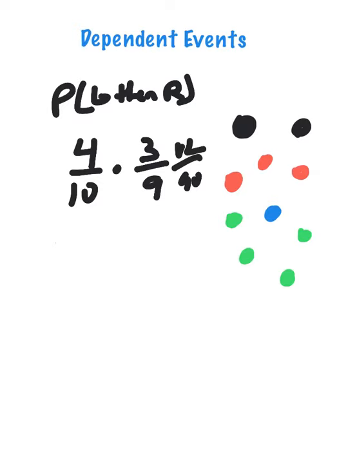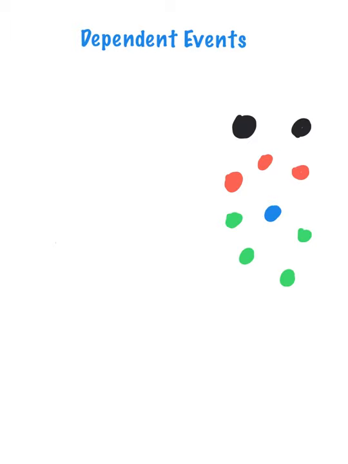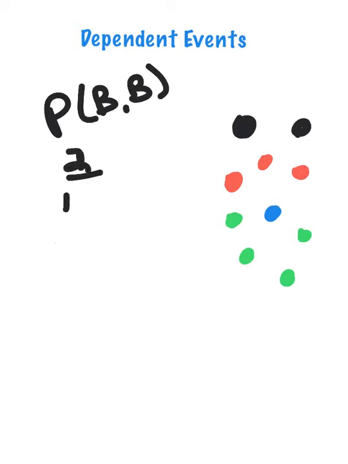It's 2 out of 15. The numbers get kind of big in the assignment. That's why it's kind of annoying, but it's really not that terribly bad. Last example is, what's the probability of getting a black and then another black? It's 2 out of 10. And then, since you've taken that one out, it's 1 out of 9. So 2 out of 90.